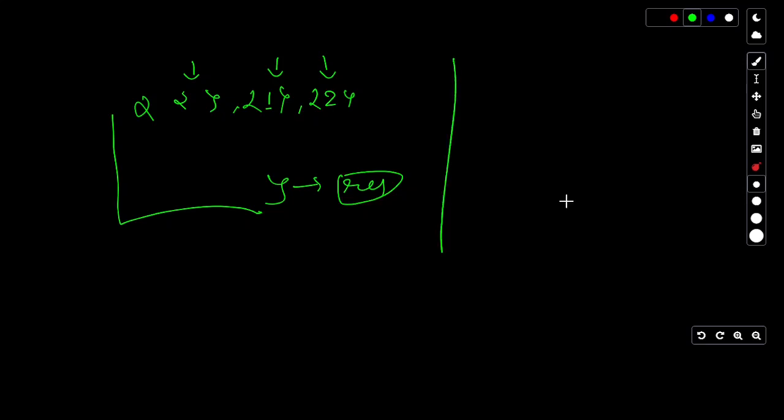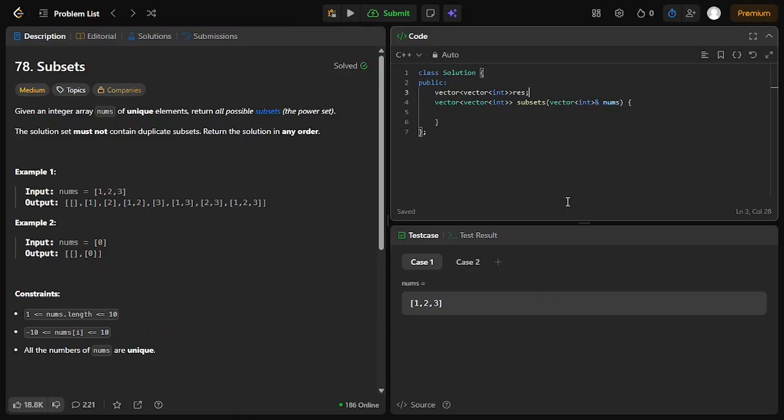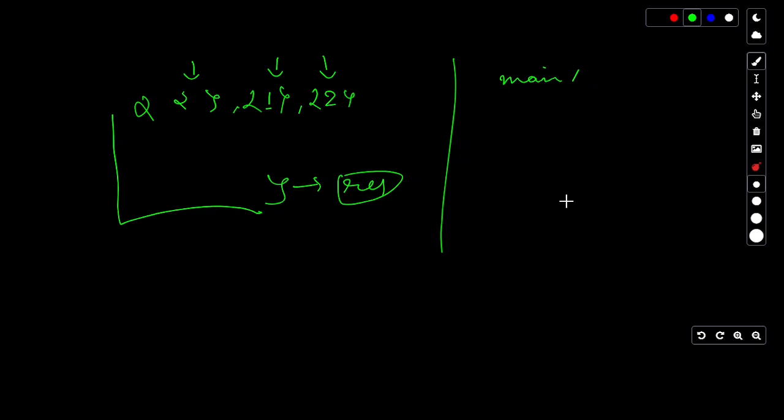And since there will be the main function, the subsets function, which will call our explore function, and I don't really want to have this result vector as a parameter in this explore function, we can do it in both ways.